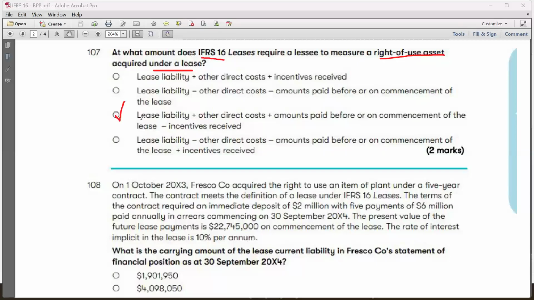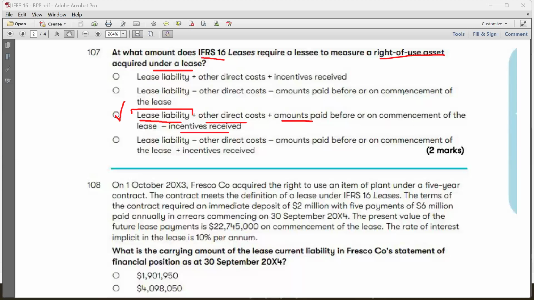Whatever is the present value of the future lease payments, any direct cost that we have paid, or any amounts that we have paid in advance, before or on commencement of the lease, and any incentive that we have received, we deduct it. So this is how we compute the value of right of use asset. However, the present value of the future lease payments is only the lease liability.